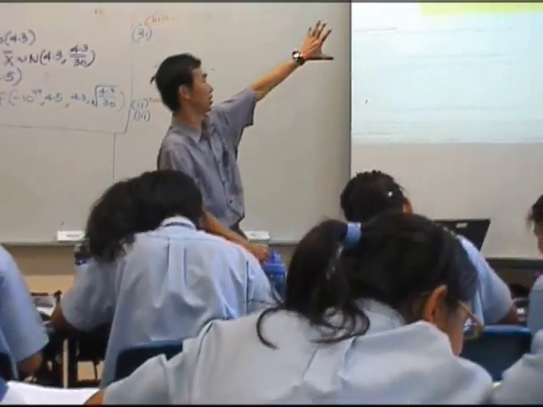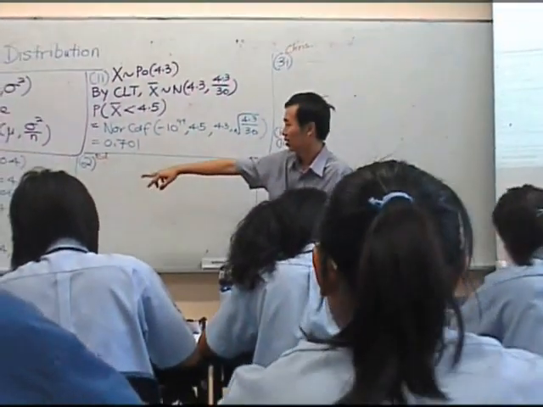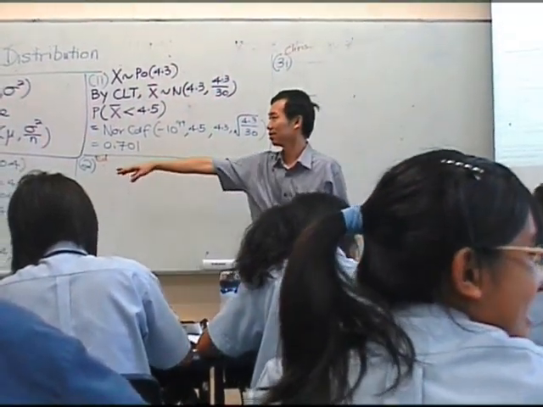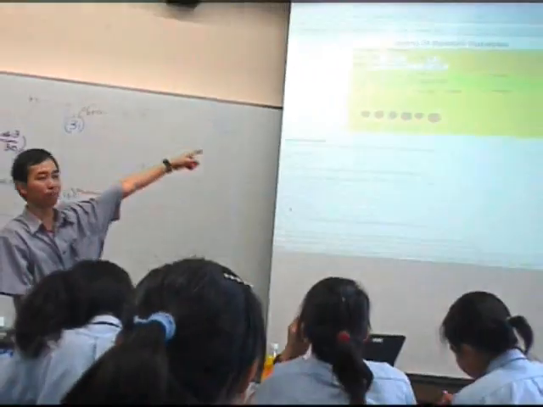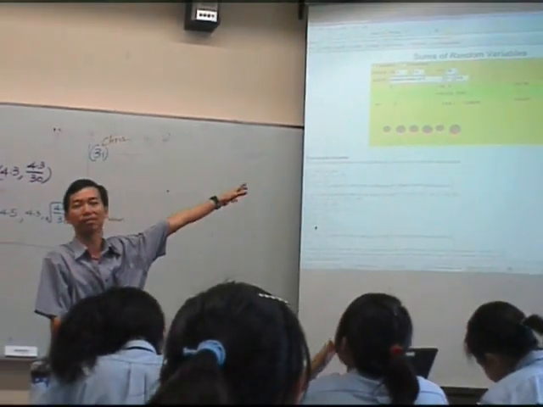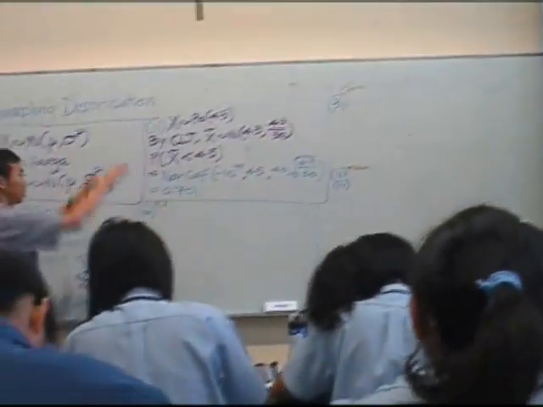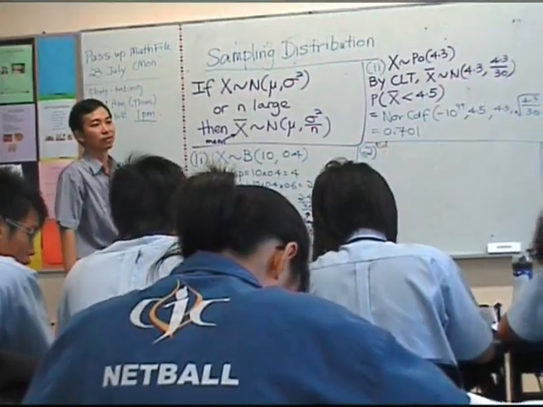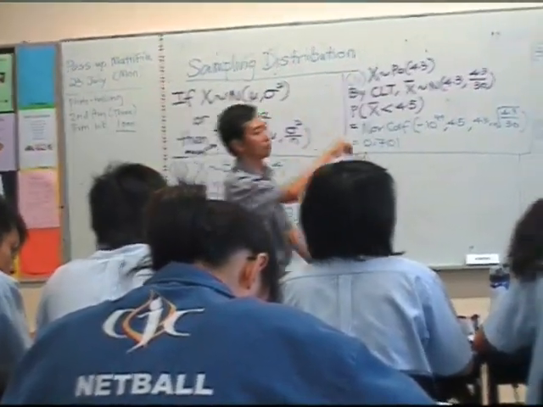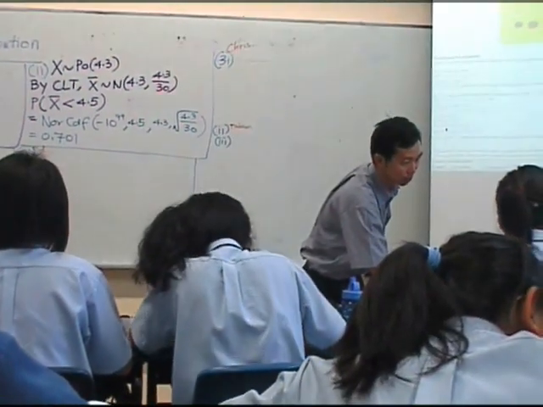Like question 1, this is what the working is about, part 1. Here this X, I don't know what they are. Let's say I draw apples, and there are 30 apples. What's the probability that the mean mass of the apples is less than 4.5? Find the probability that the sample mean is less than 4.5.